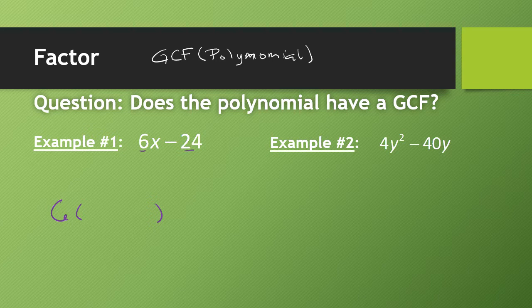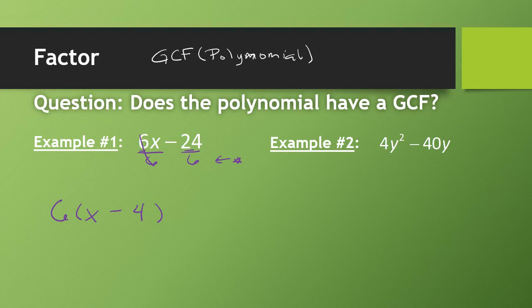For now, because this is still pretty new to you, you're going to divide every term in this polynomial by 6. This step is required right now. So 6 divided by 6 is 1, and that just leaves you with an x. Bring down your sign. 24 divided by 6 is 4. So the factored form of this binomial is 6 times the quantity x minus 4.